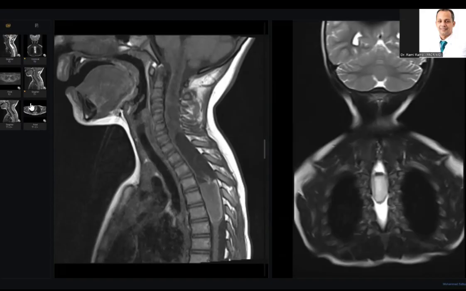Containing fat like dermoid, but it's a long segment. Yes, the problem is the long segment affection and the expansion of the cord. No. See, this is a cystic lesion overall, compressing the cord here. The cord here is compressed.